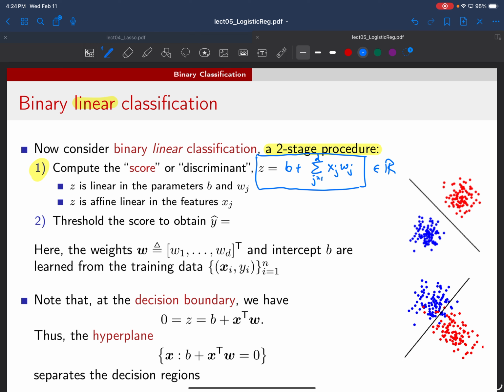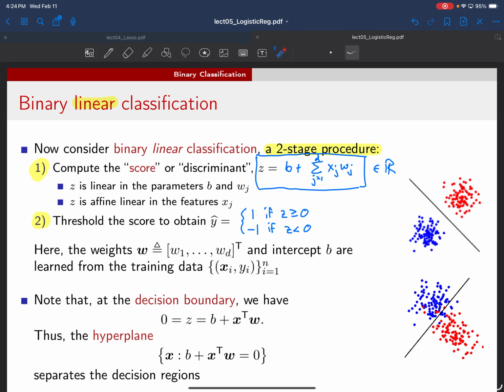This is not categorical. In the second step, we threshold that score, and we return y hat equal to 1 if z is greater than or equal to 0, or in this case, -1 if z is less than 0. So it's the second stage which really gives us the outputs in the domain that we're working in.